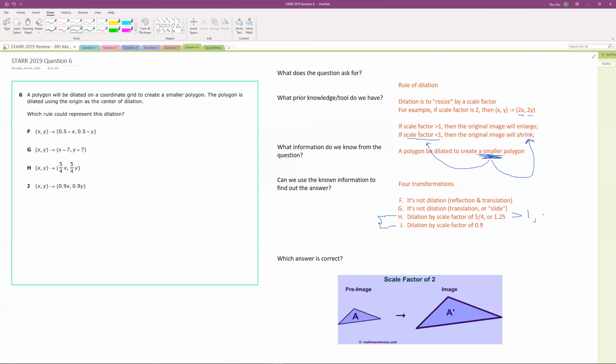So this will be enlarged. And this 0.9 is smaller than 1, and this will shrink. Since we know the dilation is a shrink, that means we should choose 0.9, or the answer is J. Did you get the correct answer?